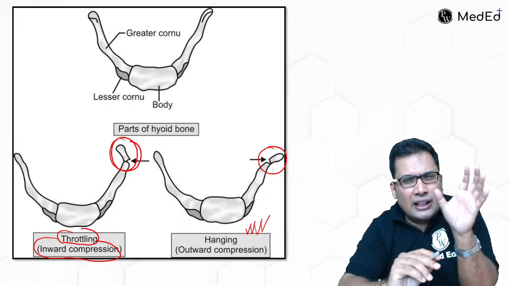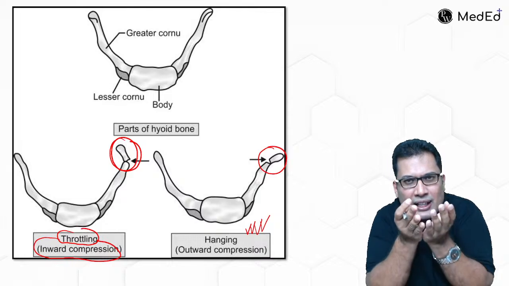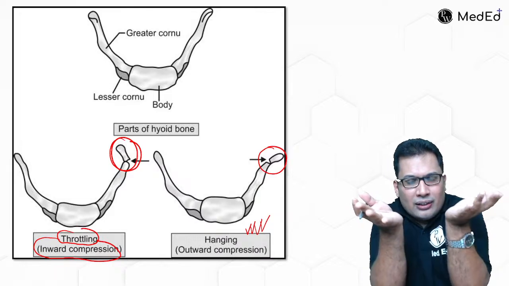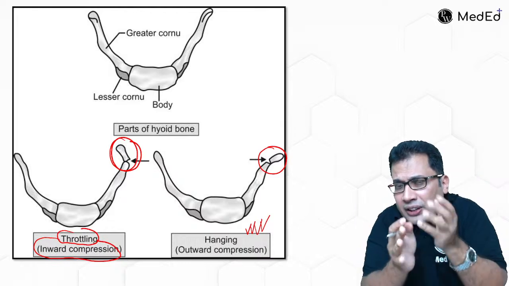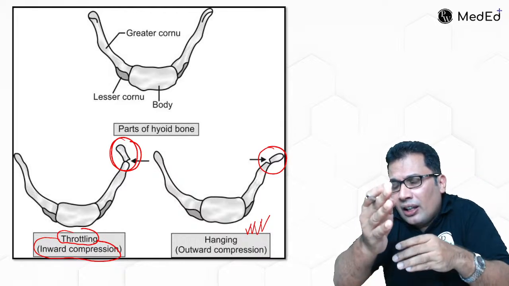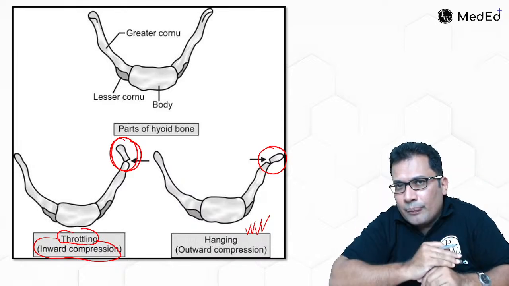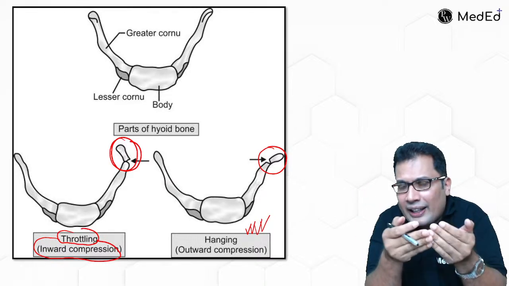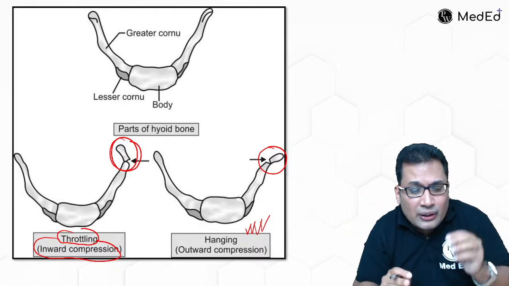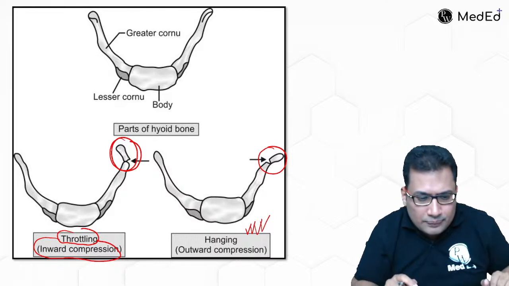You can see it very clearly here. When the fracture segment is abducted, it is known as an abduction fracture, an outward compression fracture. That is seen in hanging and also in ligature strangulation. When the fracture segments are towards the midline, they are known as an adduction fracture. They are seen in case of throttling.